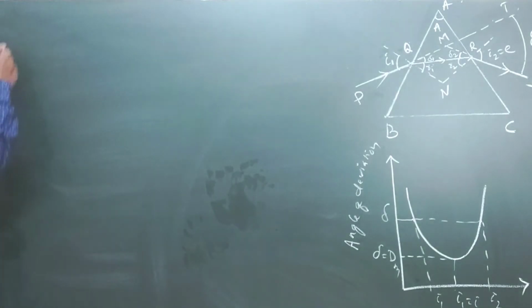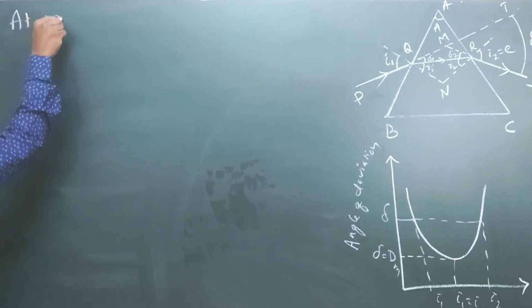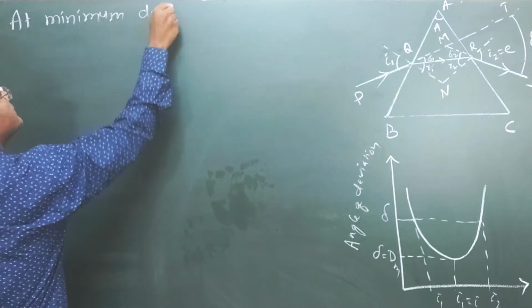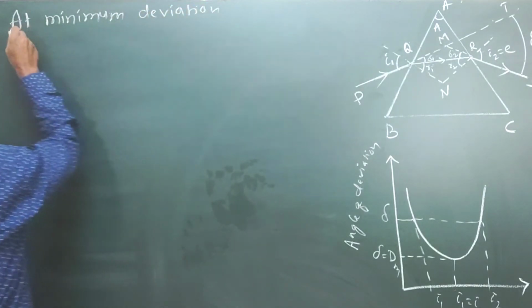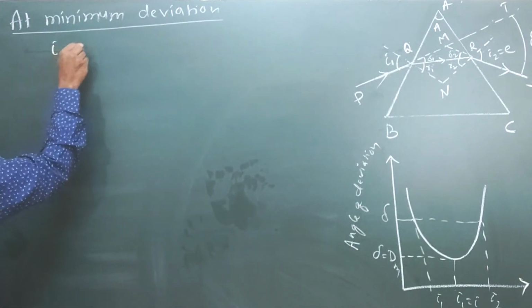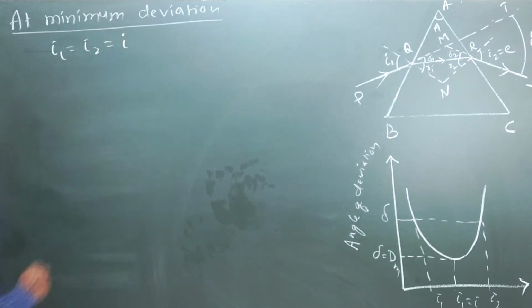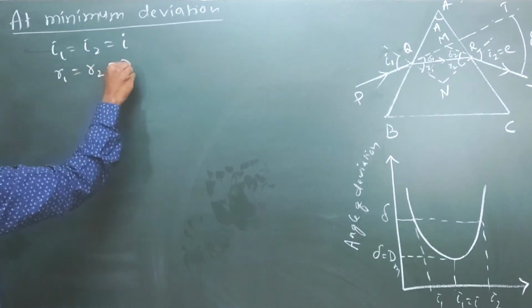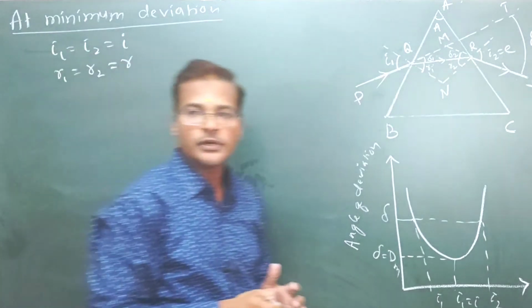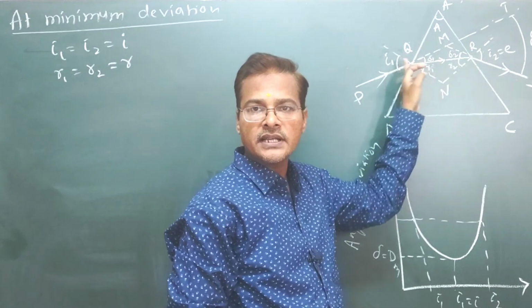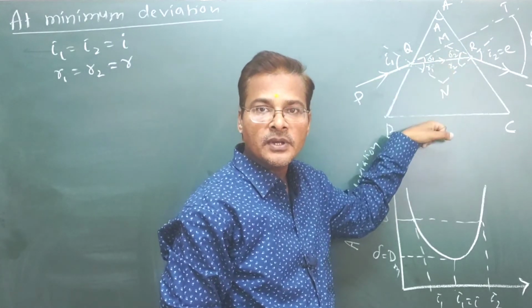So at minimum deviation, what we understand is that I1 equals I2 equals I, and R1 equals R2 equals R. Why do we get this? Because the refracted ray inside the prism is parallel to the base BC.